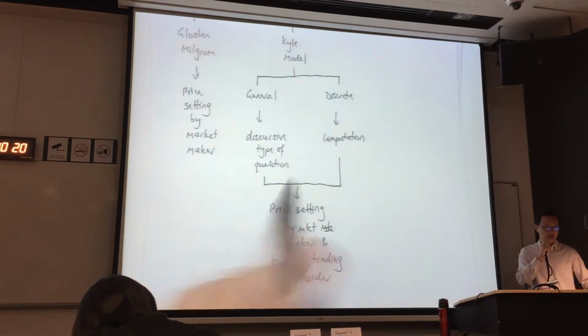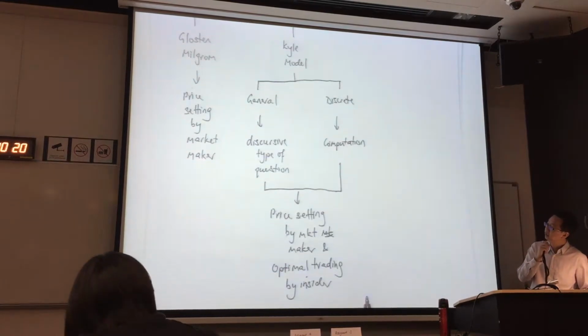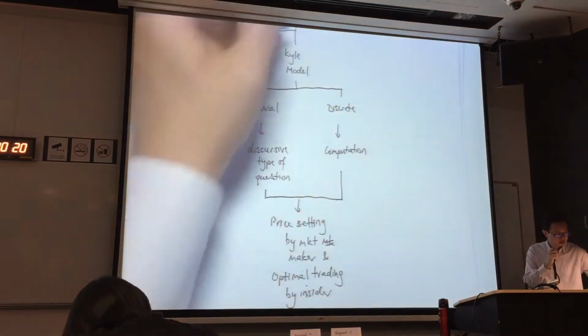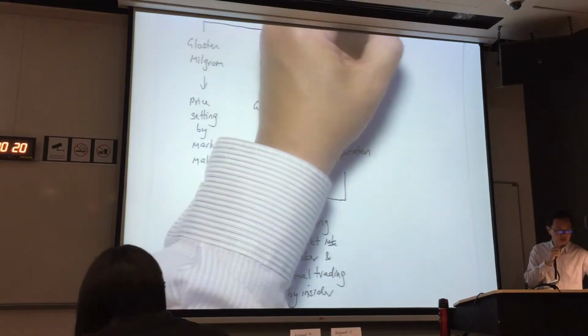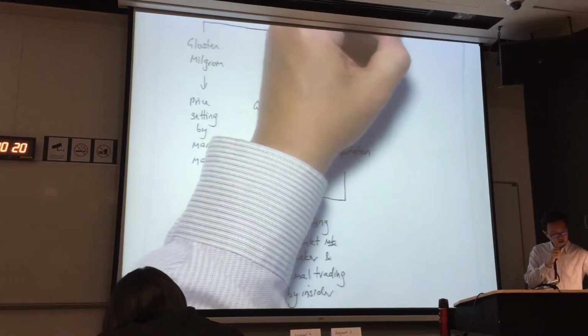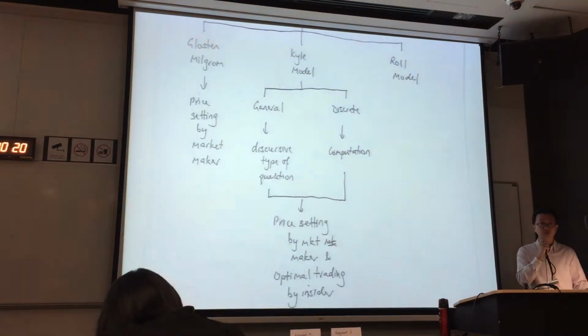Then there's one last model that we will cover in chapter 5. This is known as the Roll model. The objective of this model is different from the first two.